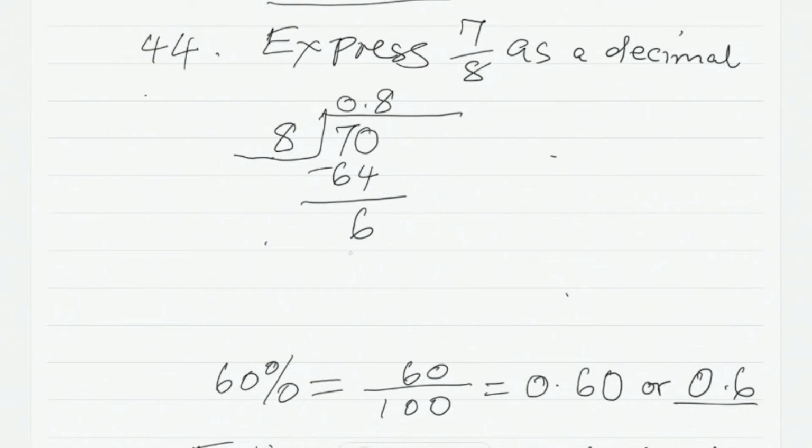So 8 into 6, it can't. We add 0. 8 into 60, it goes in 7 times. 7 times 8, it will give us 56. 60 minus 56, it will give us 4. How many times can 8 go into 4? It can't. We add 0.